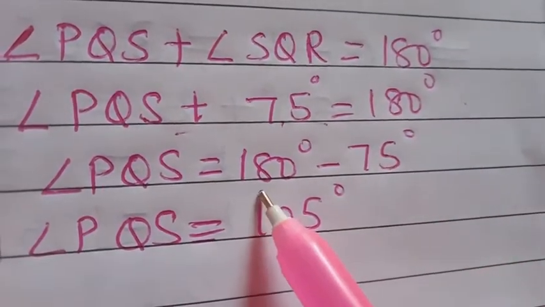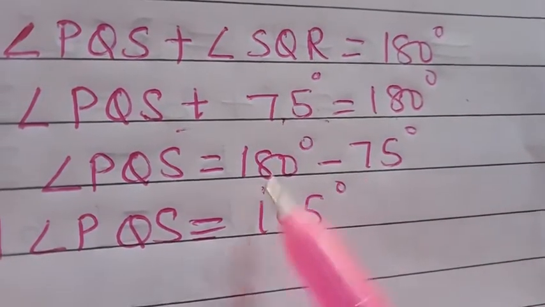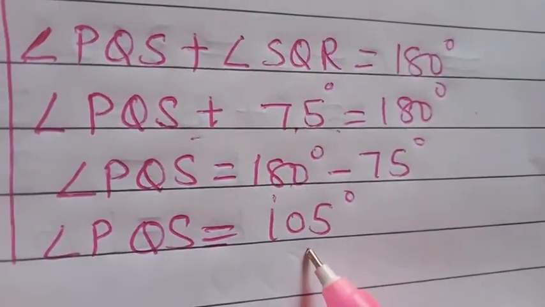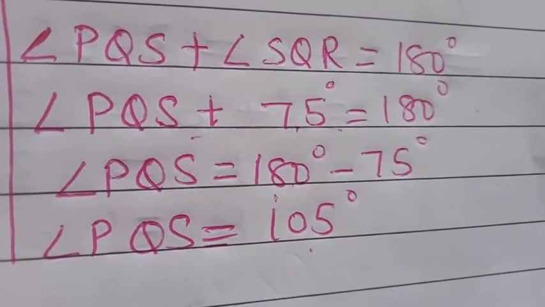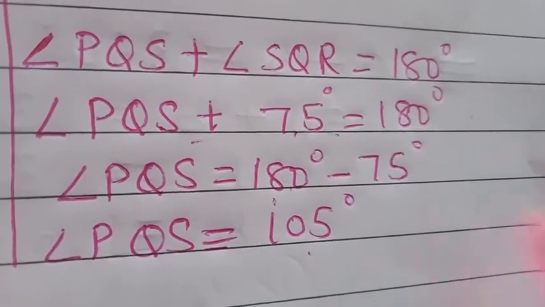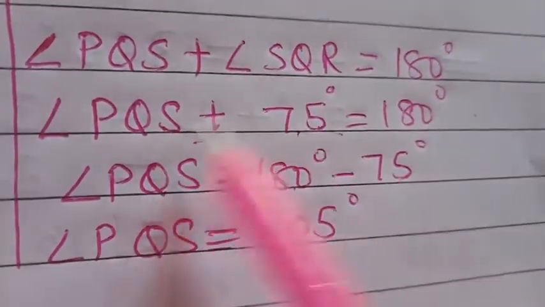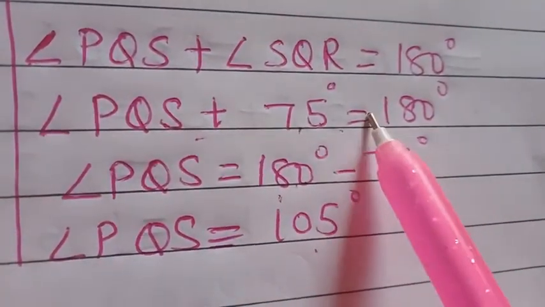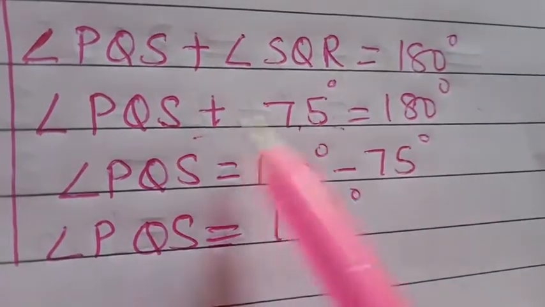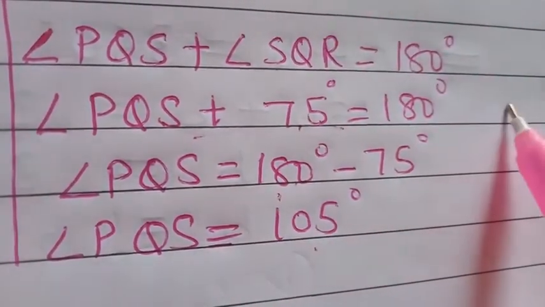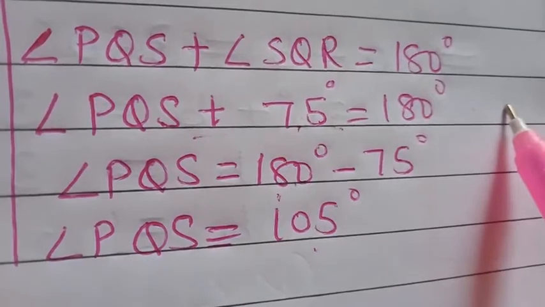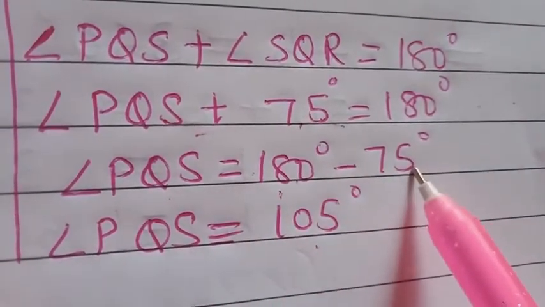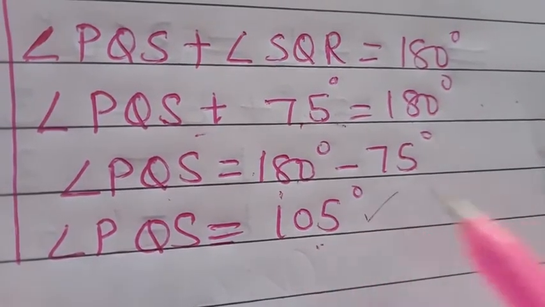So 180 degrees minus 75 degrees is equal to 105 degrees. The new concept you are studying is that plus 75 is to be transferred to the right side, RHS. LHS is equal to RHS. So PQS is equal to 180 degrees minus 75 degrees, which is 105 degrees.